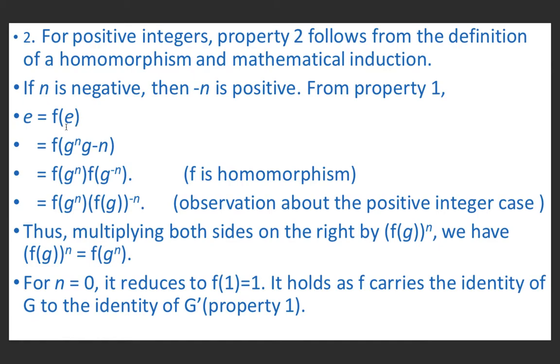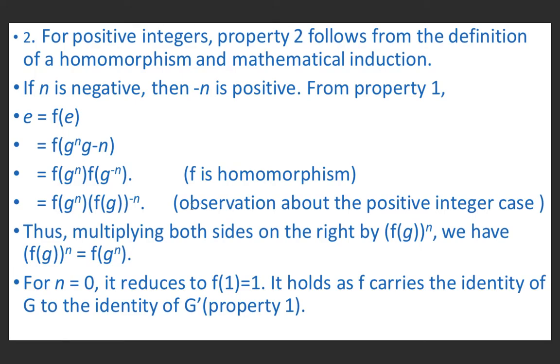So e can be written as g^n times g^(-n). And because f is a homomorphism, f(g^n g^(-n)) can be written as f(g^n) times f(g^(-n)). And this is equal to f(g^n) times f(g)^(-n), because we have proved the case for the positive integers.